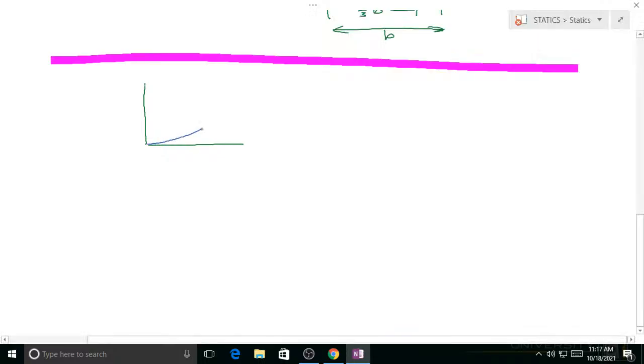We'll make it easy, maybe we'll do it with numbers. We'll make this go to 2, and we'll make this y equal to 2x squared. So it starts here and it's a parabola, and if it went on, it'd go like that. And so you want to find the centroid of it.